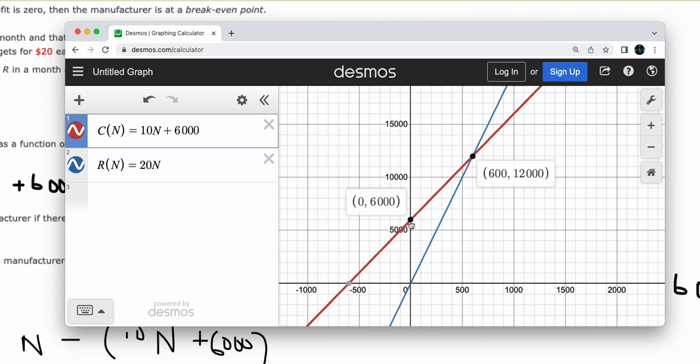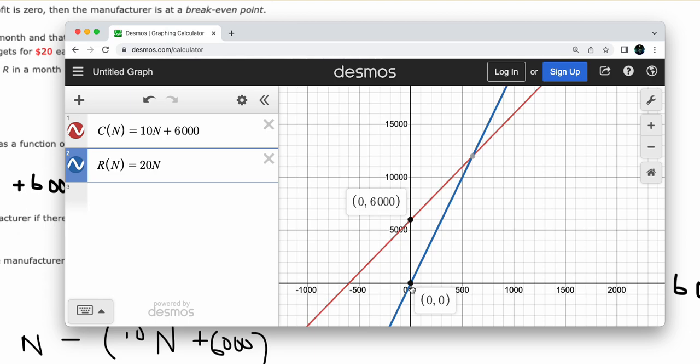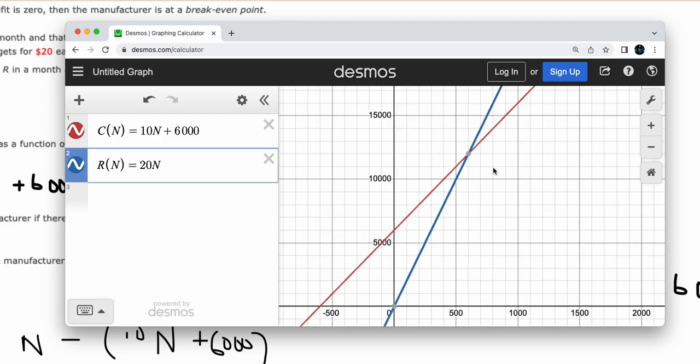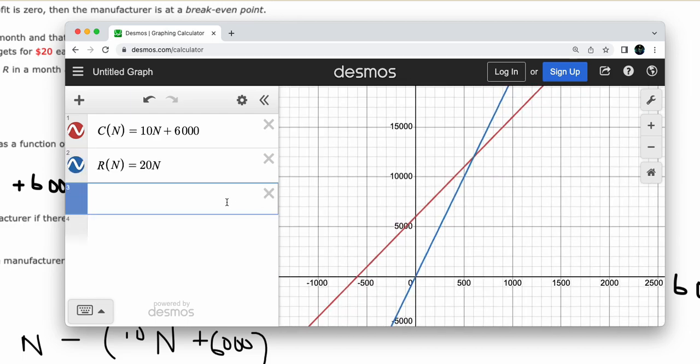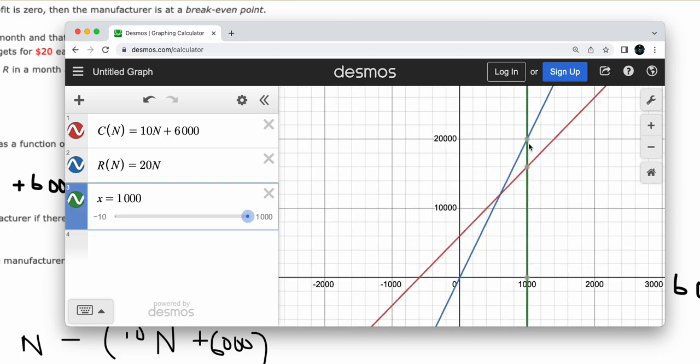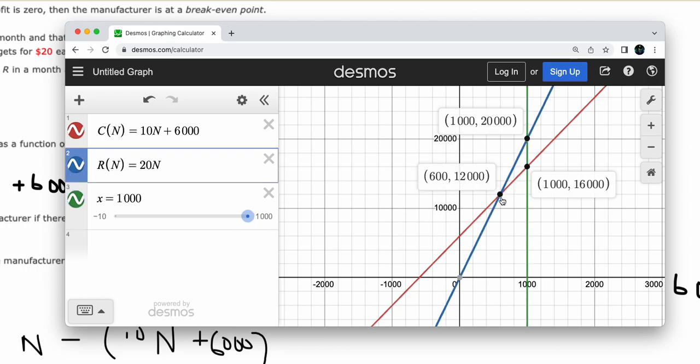There, you're paying $6,000 in fixed costs, but you're not making anything because you didn't make any widgets yet. At a production level of 1,000, the revenue outweighs the costs. The revenue here would be $20,000, but the costs would only be $16,000. So that company would be doing well there. They'd be making $4,000. But that's an important point, the intersection of the two.